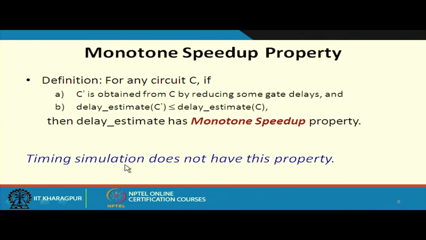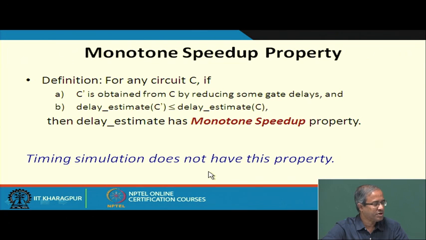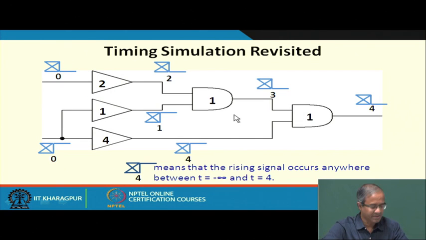Now, timing simulation, as we have seen, obviously does not satisfy this property, but we can make some modification and see just one simple thing. I am explaining with an example. This is something which is called X value simulation. This is also timing simulation, but we are not showing exact signal transitions from 1 to 0 or 0 to 1.